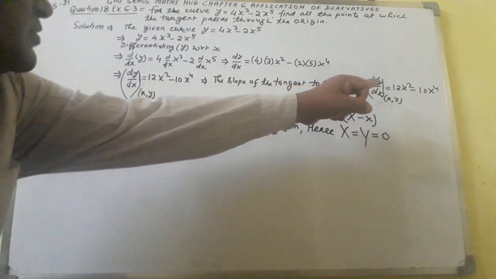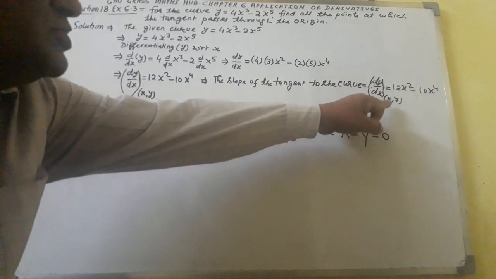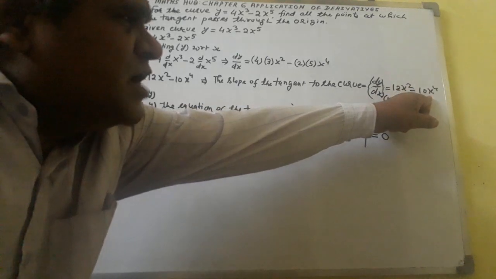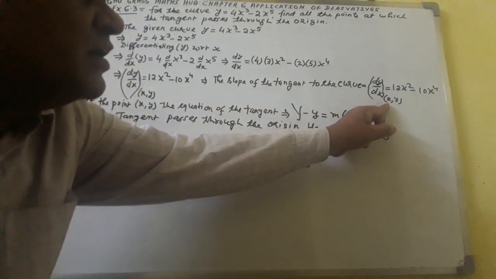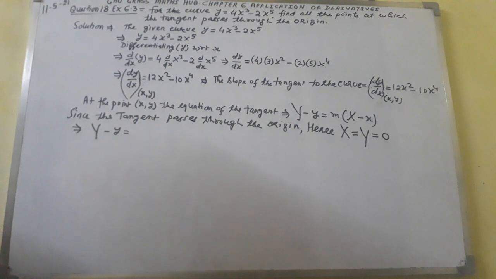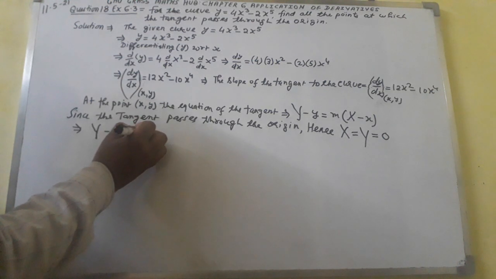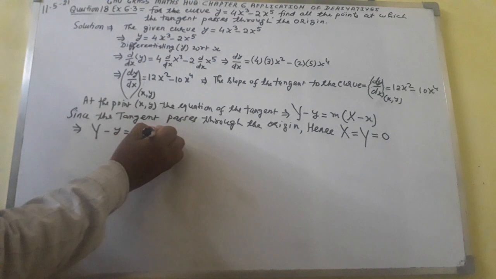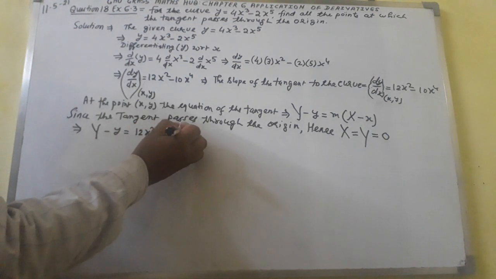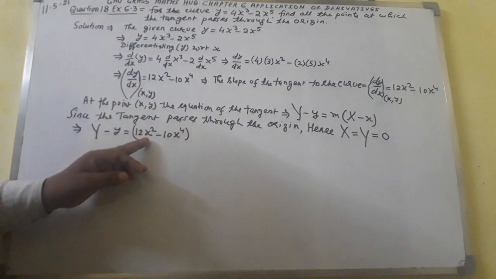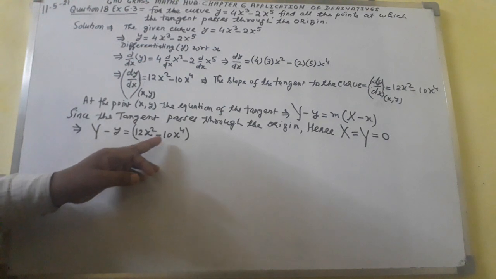So here you have got dy over dx equal to 12x square minus 10x raised to the power 4 at point (x, y). The value of m will be 12x square minus 10x raised to the power 4. This is the value of the slope of the tangent at point (x, y).